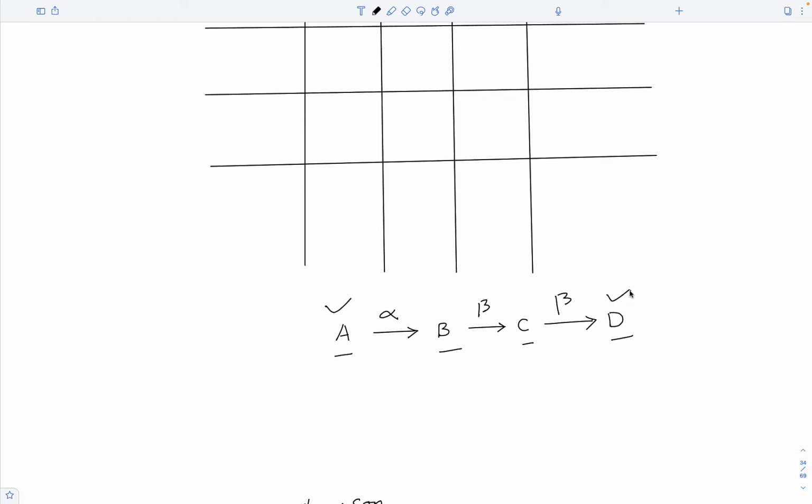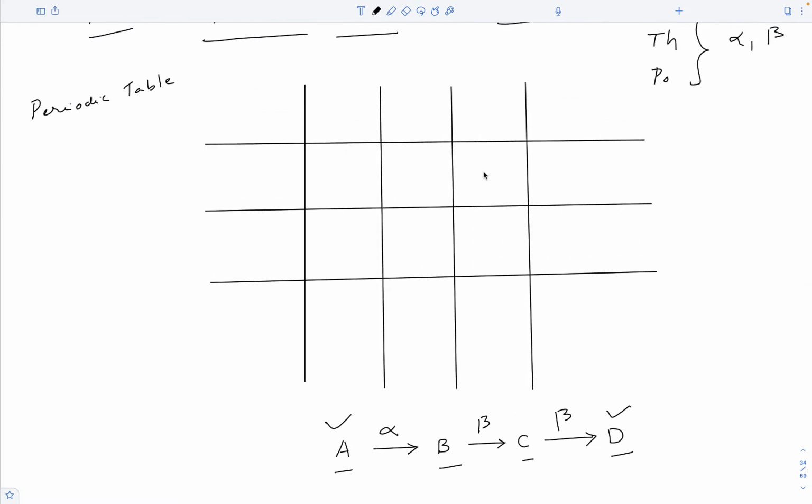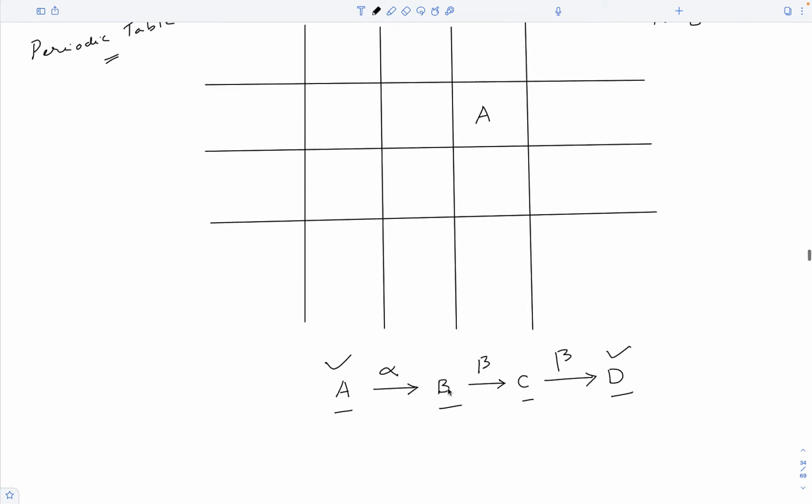D. Another interesting fact here is, if this is the position of the element A in the periodic table, then the element B that A got changed into after emitting an alpha particle is found two places to its left.